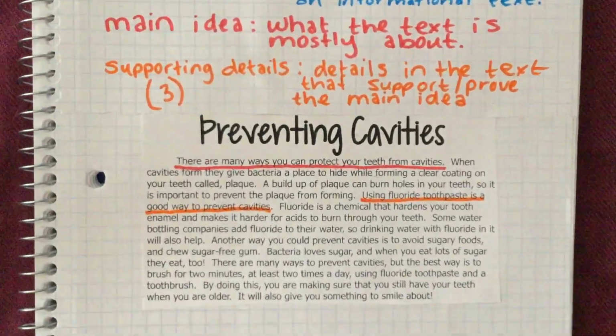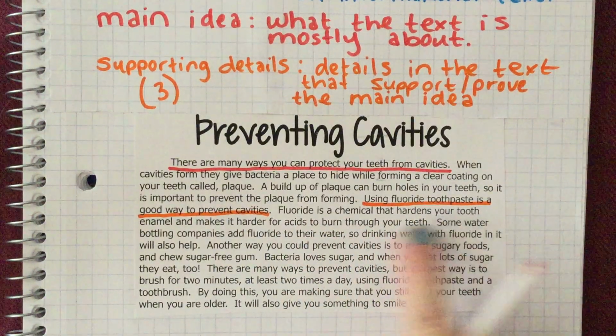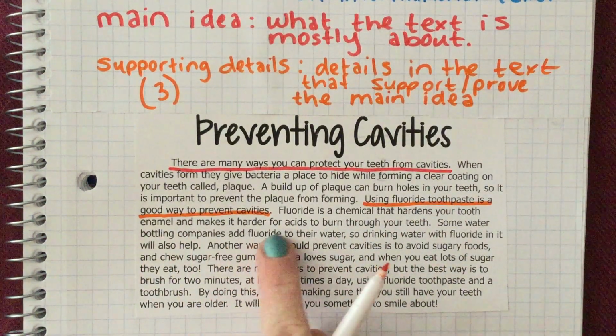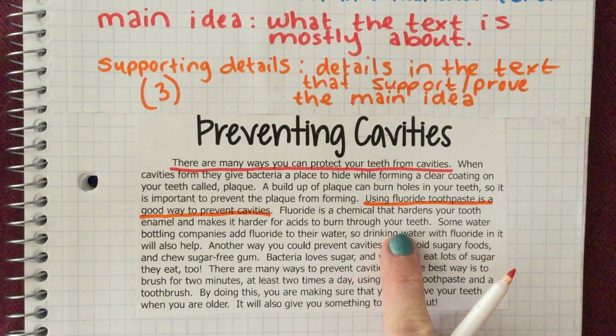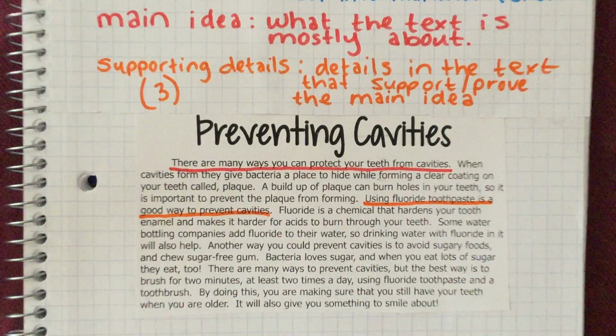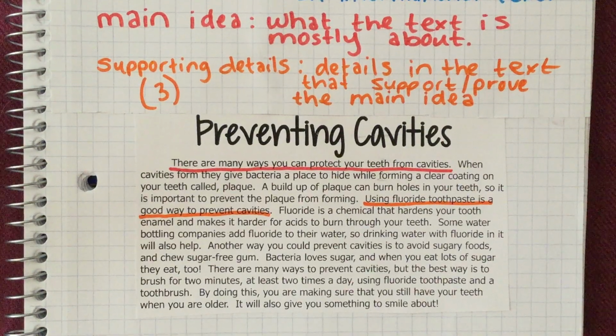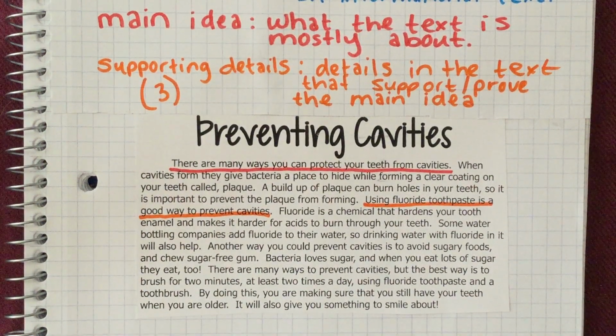All right, so this next sentence says, fluoride is a chemical that hardens your tooth enamel and makes it harder for acids to burn through your teeth. Now, does that tell us a way you can prevent your teeth from cavities? Nope, it's just more information about fluoride toothpaste, which is really helpful information, but it's not a supporting detail because it doesn't support that main idea.